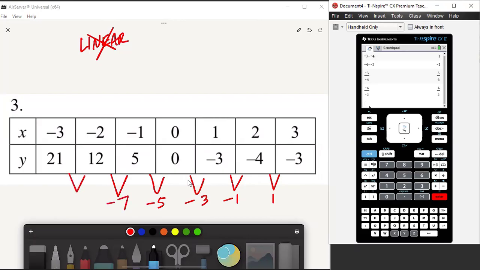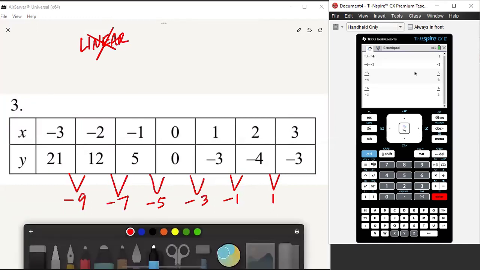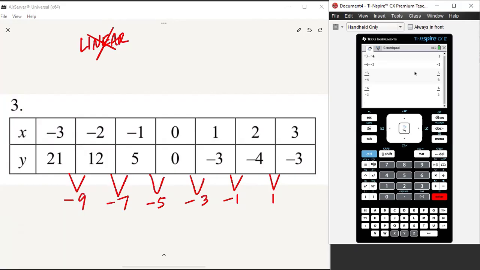And 12 minus 21 is a negative 9. So now, one of the things you hopefully will see is that it looks like this is increasing by 2. But let's go.